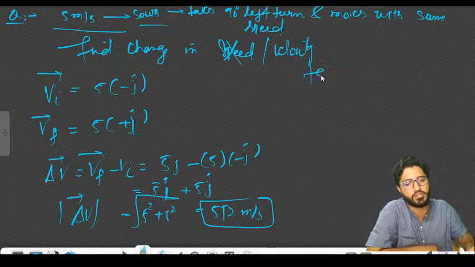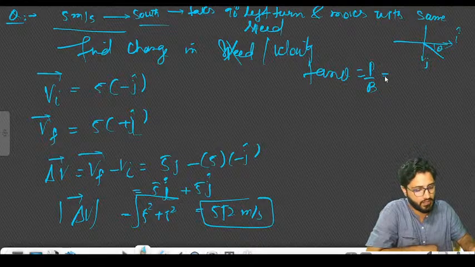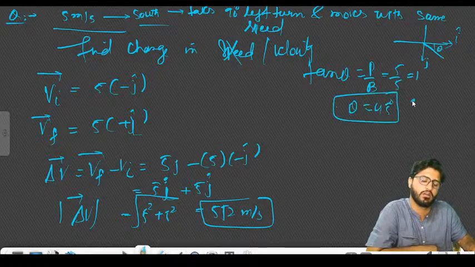If somebody asks you what is theta, it is p by b. So if this is theta, p by b, this one is i cap, this one is j cap. So it is 5 by 5, it is 1. So my theta came out to be 45 degrees. East of south or south of east?